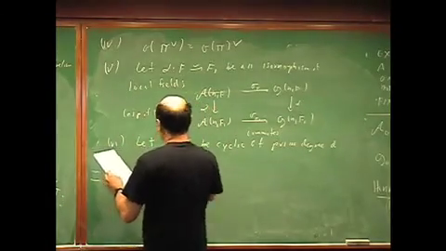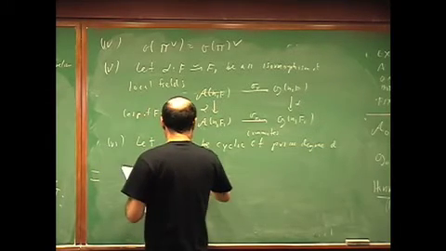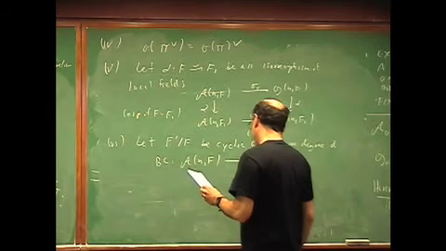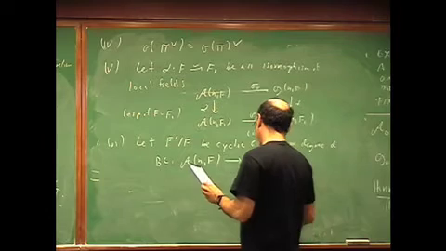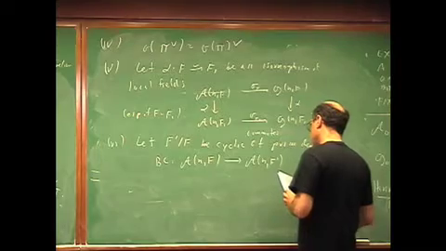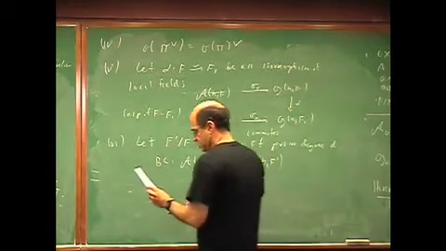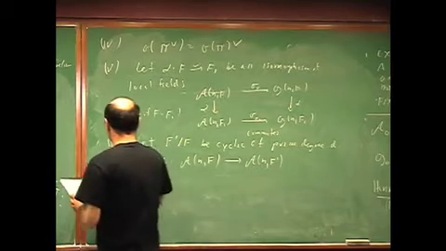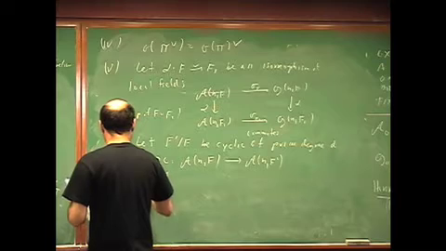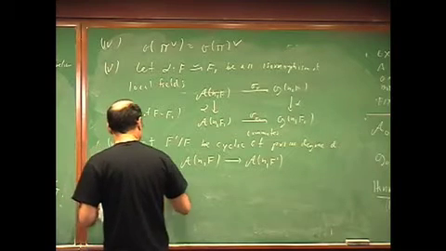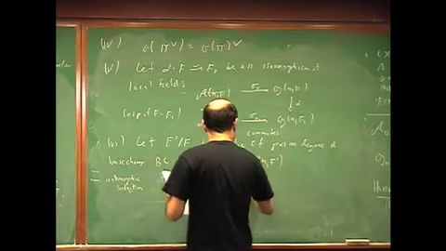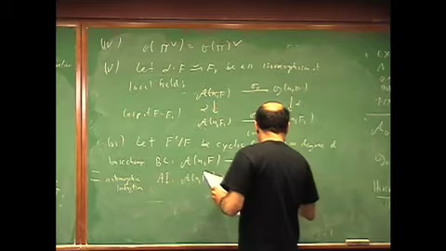So then there are natural maps on representations called base change. This is base change and automorphic induction. Let's say A(n, F prime) to A(n, F).